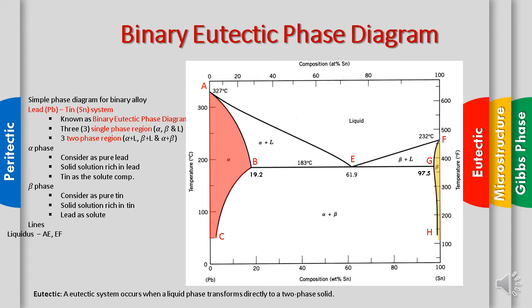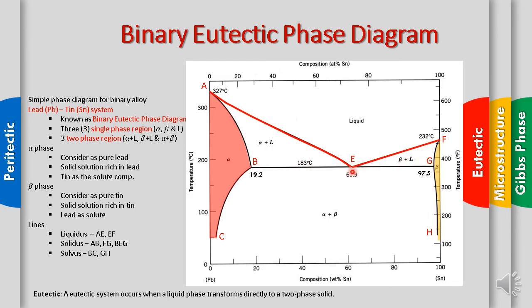For the lines, basically we have the liquidus line, which consists of AE and EF in the red line. And then for the solidus, basically we have the lines AB and FG, and then BEG.